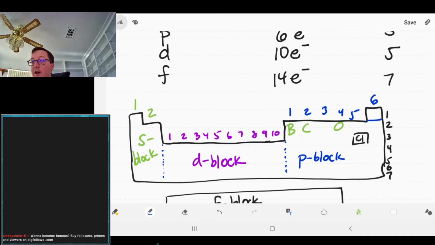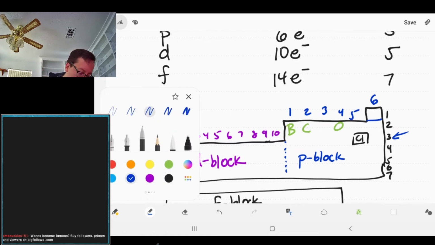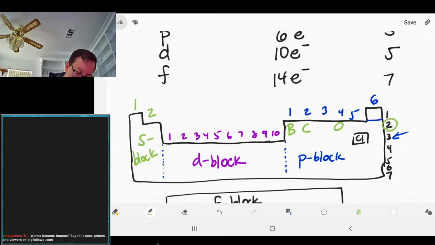What's nice for us is we see chlorine is in the third row of the periodic table. It's in the P block, and it's in the fifth column of the P block, from left to right. We saw that all those elements in the second row, boron, carbon, oxygen, are the ones we looked at. Boron was 2p1. And that's where boron was.